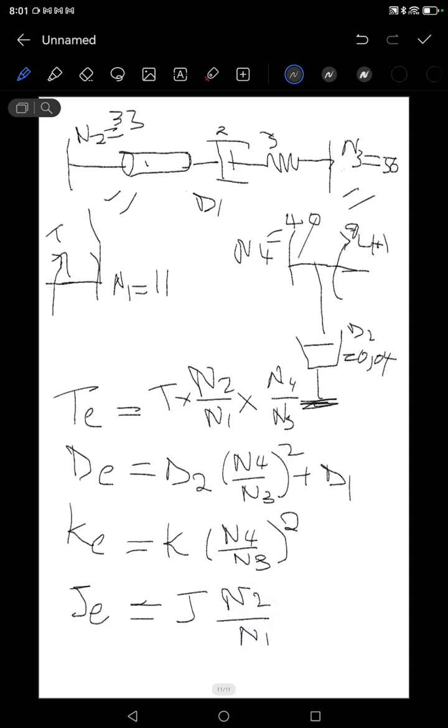And after here, we're now going to write our equation. So remember, our equation, T equals to what? J theta dot dot.